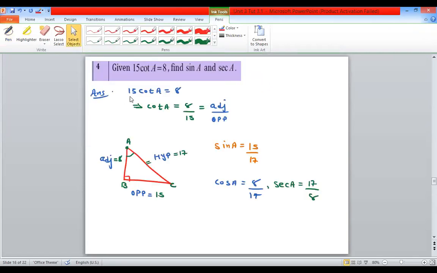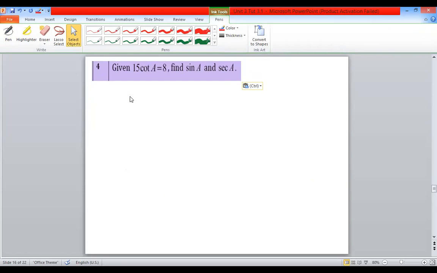Here the adjacent upon opposite, 8, 15 and 17. Okay. This is your triangle. Cot A is equal to 8 upon 15. This means this is your triangle ABC. This angle is given.